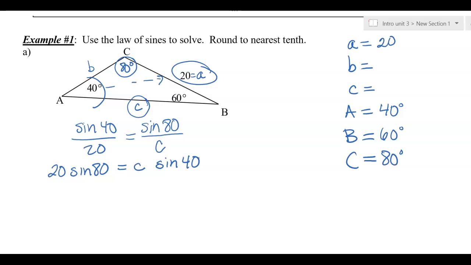And what's the final step that has to be taken to do that? Good, divide by sine of 40. So C is going to equal whatever I get when I do this calculation. So when we do 20 sine 80 and divide it by sine of 40, we get 30.6.